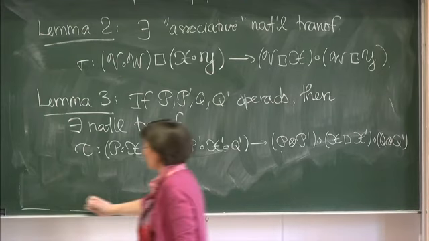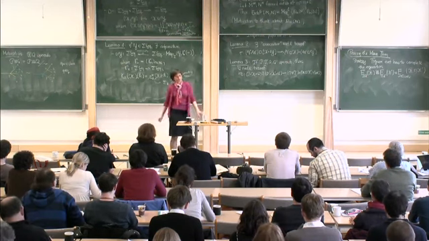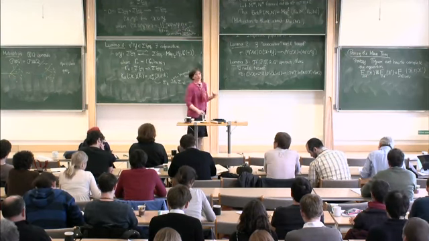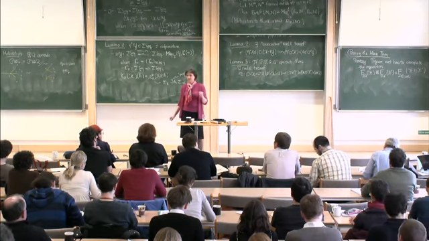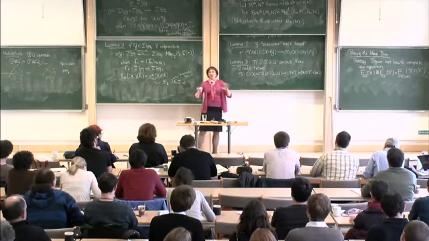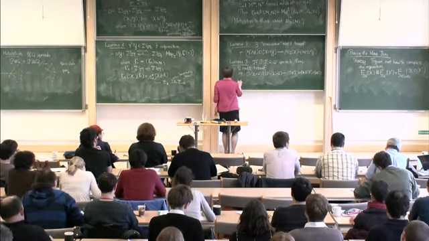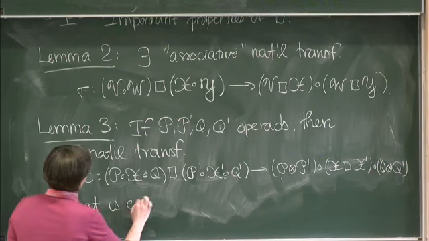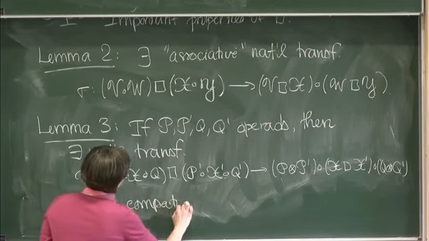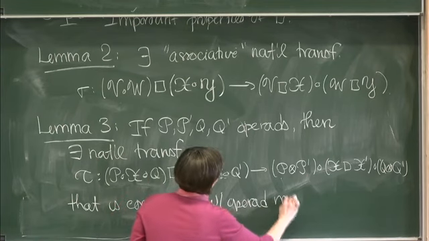And this natural transformation is supposed to be appropriately compatible, and I am not going to do the diagram for you. Who was saying yesterday the obvious relations? So I'm going to invoke obvious relations, obvious compatibility, that is compatible with operad multiplication.